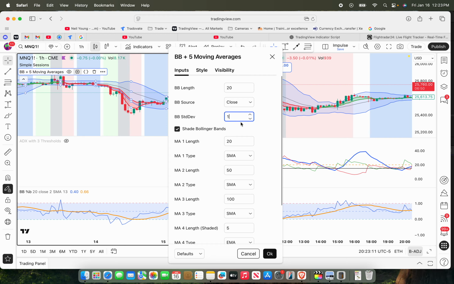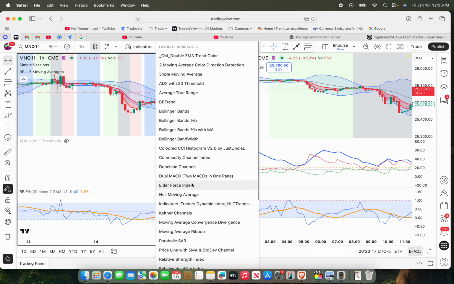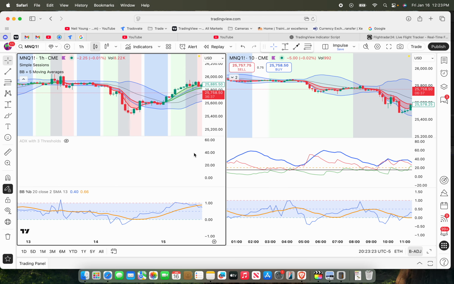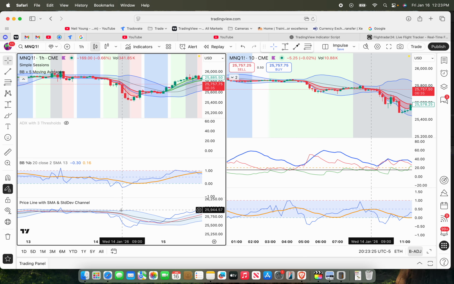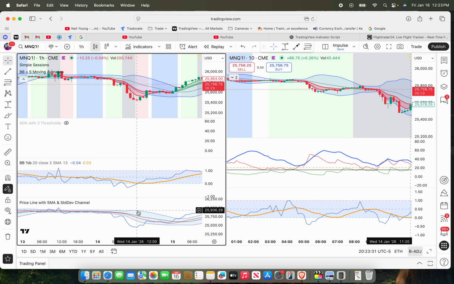Sorry, not of 2, but of 1. Okay? And I did design another indicator, which is called price line with SMA and standard deviation channel. Okay, so I made another one, which is a Bollinger.